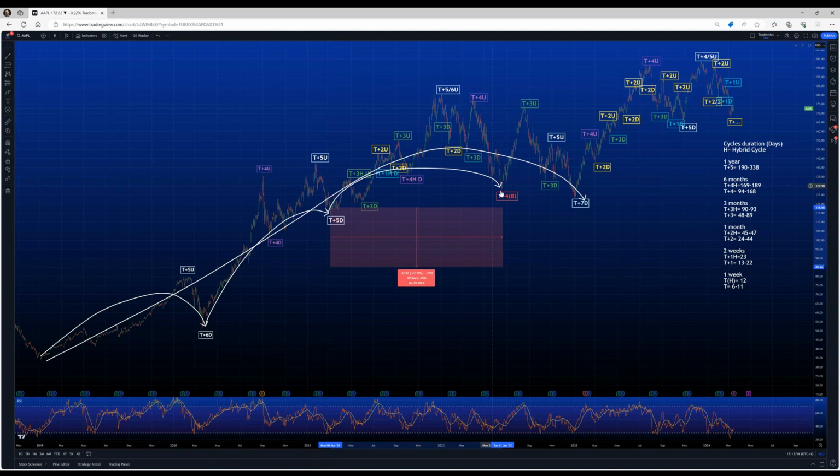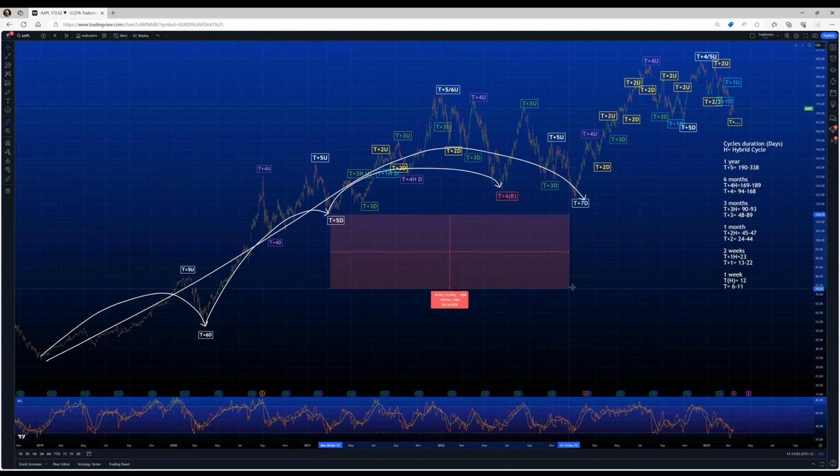But from here, we have never had another yearly cycle. And from here to January 2023, we would have had 460 days, which is not anymore a yearly cycle. It's definitely more, because the limit is 338.